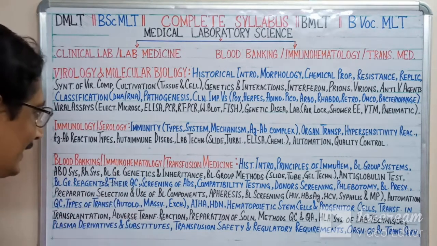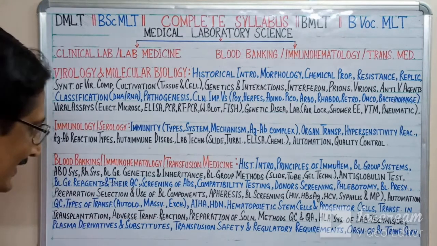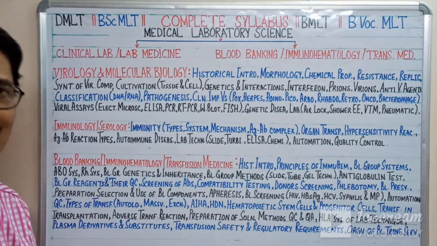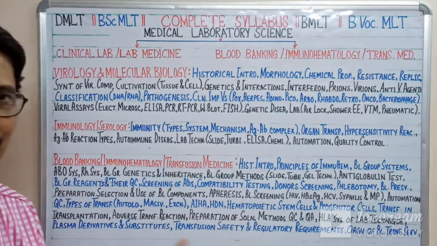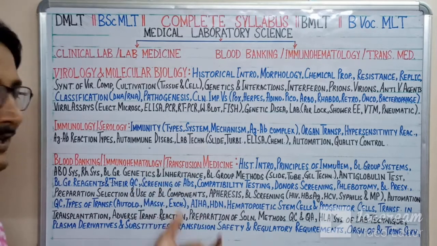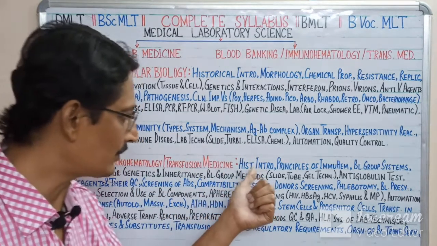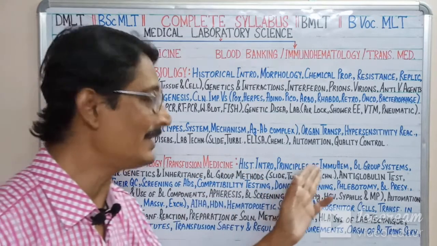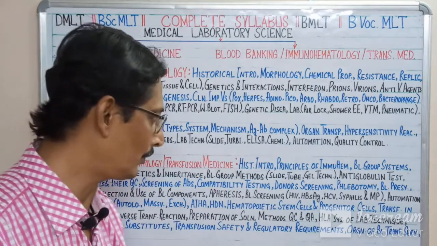The study of antigens and antibodies on our blood cells is immunohematology. Nowadays this is called the blood bank, or the transfusion medicine department. Here you have to study the historical introduction and the principles of immunohematology, like the A group and B group I have told.